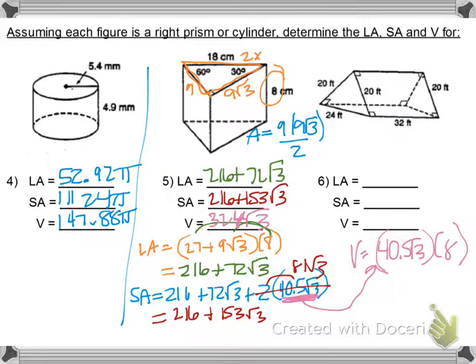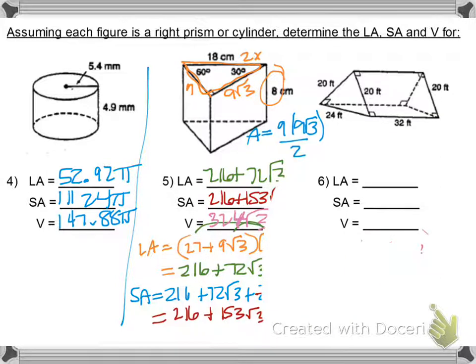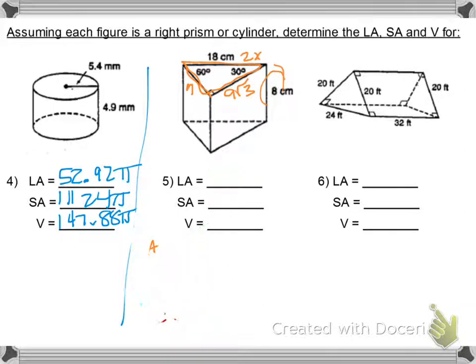Okay. Number 6, I'm going to clear this so I have more room. Sorry if you still needed that. Moving on. Number 6, and here we do have a triangular prism, but you do have to be careful that you look at what kind of triangles you have here.